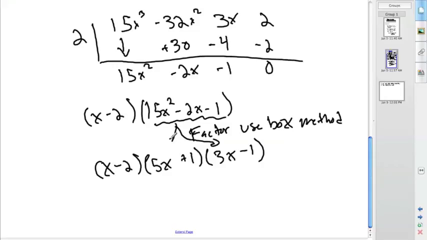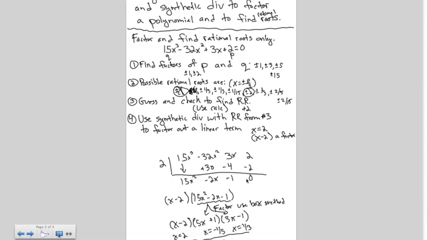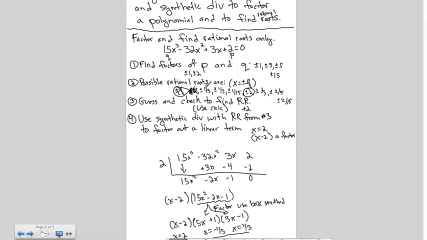Again, that breaks down. So we know x equals 2, x equals negative 1/5, and x equals 1/3. And those are the rational roots. Again, we can check with the calculator that the rational roots, negative 1/5 and 1/3, are right here.